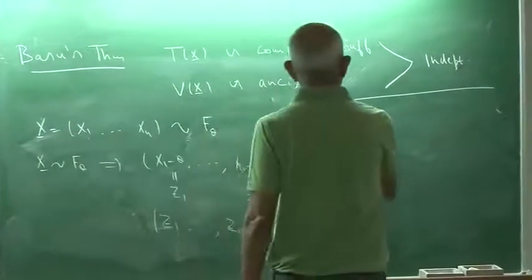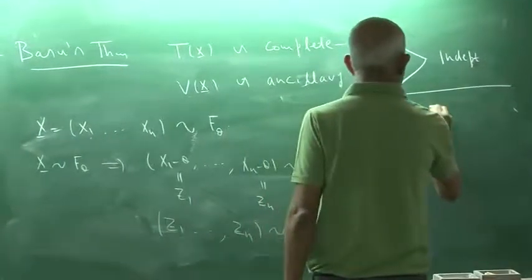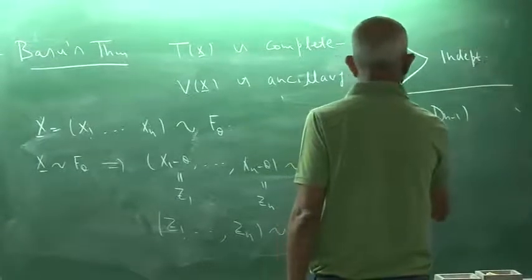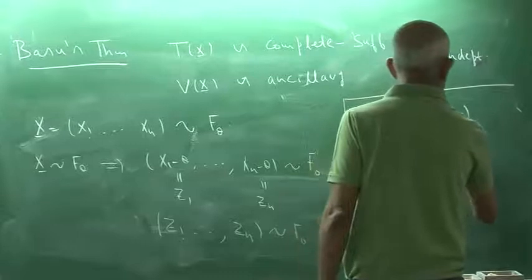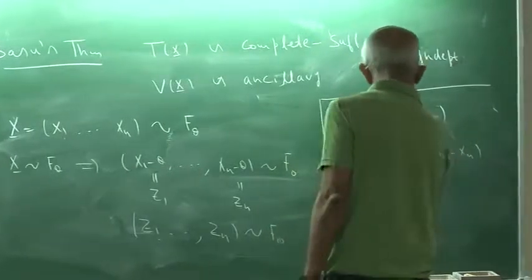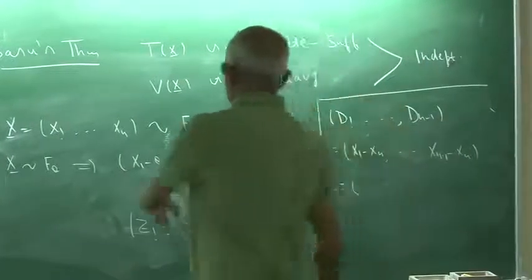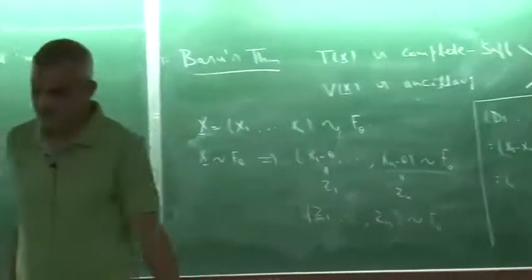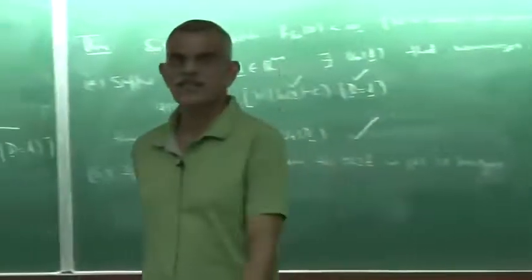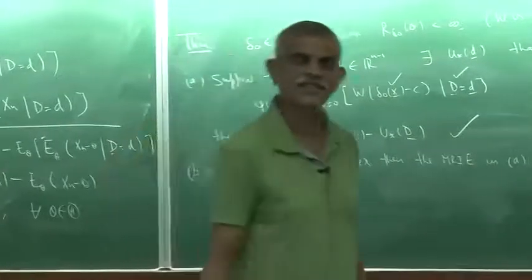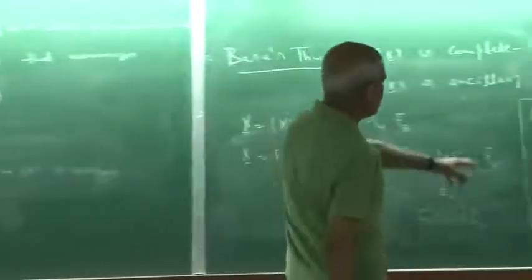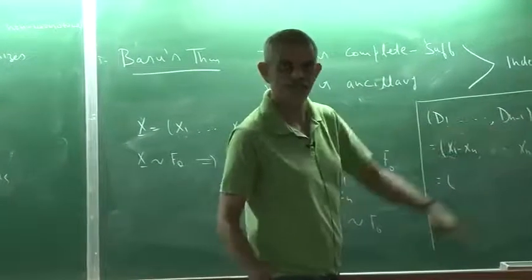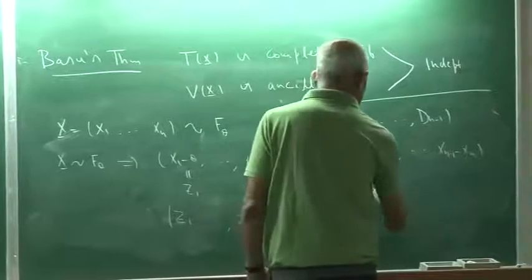So let us try to see what is D1, D2, ..., Dn minus 1, which is X1 minus Xn, ..., Xn minus 1 minus Xn. But what is X1 from here? X1 is nothing but Z1 plus theta. So in general, Xi is nothing but Zi plus theta. So X1 minus Xn would be nothing but Z1 plus theta minus Zn plus theta. So it would be Z1 minus Zn. Theta, theta gets cancelled.